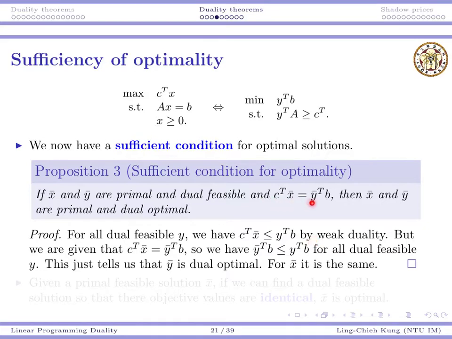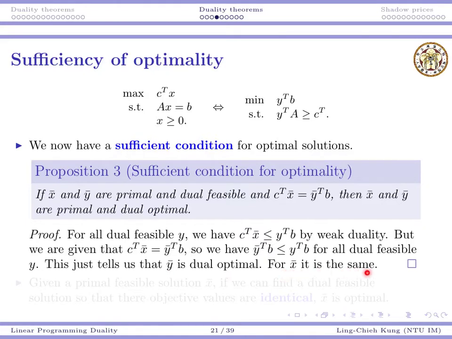But also we know y bar satisfies this: y bar transpose b is equal to c transpose x bar. So that means y bar transpose b is this one, and this is less than or equal to any feasible y. So that means y bar is dual optimal, right? Because it is better than any other dual solution.